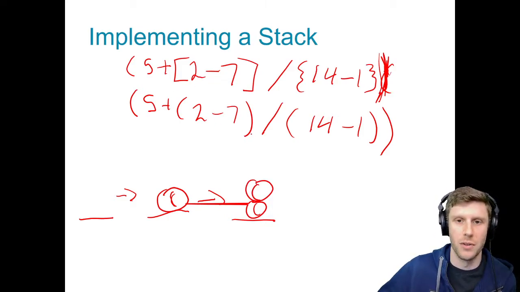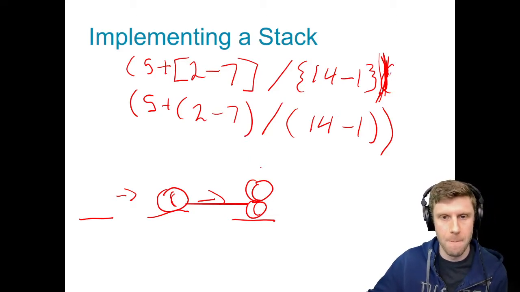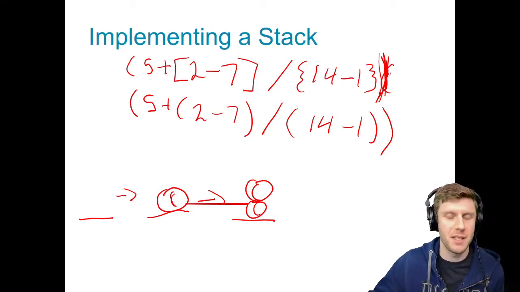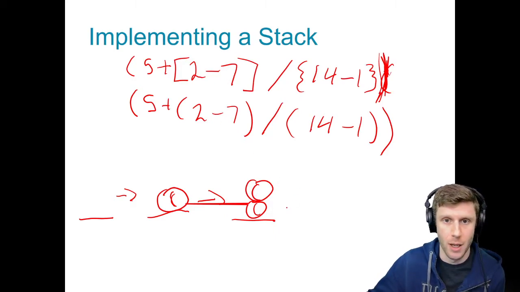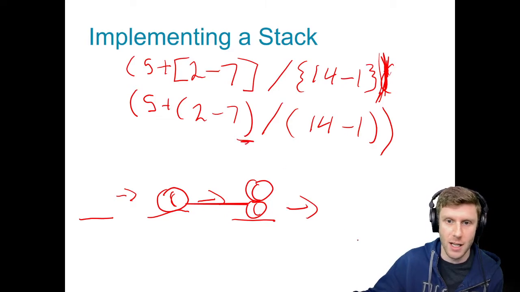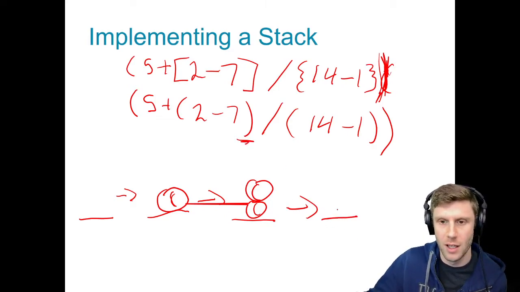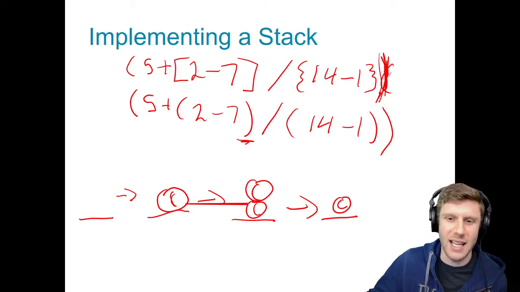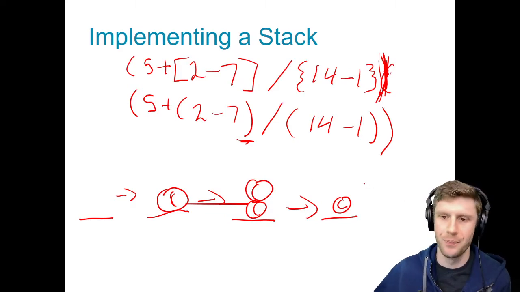Oh, we see a close. So when we see a close, we'll pop from the stack. And if we pop from the stack, and we can do it, we're in great shape. So we're now here. We can just pop one of the opens off. So you'll see that it keeps track, like the top is the last bracket that was opened.